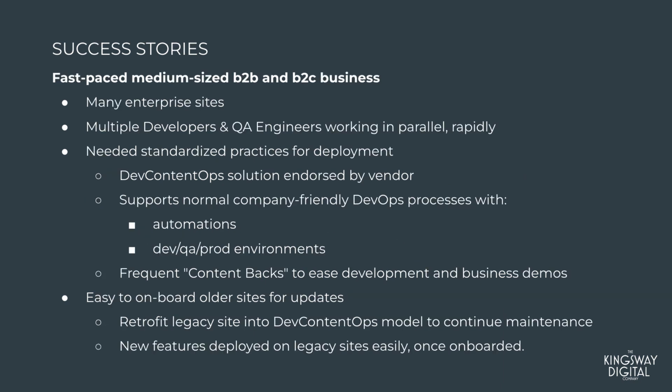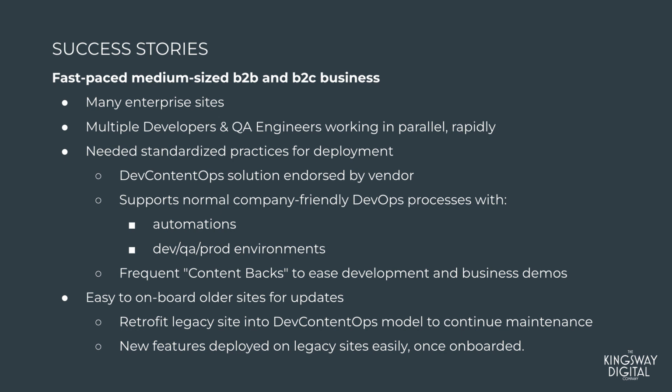Another example is a fast-paced B2B and B2C organization with lots and lots of enterprise sites sitting on Crafter, with developers and QA both working in parallel. That organization needs a standardized practice to fit into its existing CI/CD processes. The development team has practices they've come to work with, and their training materials and infrastructure are all aligned, so we needed a standard process that can fit into that.